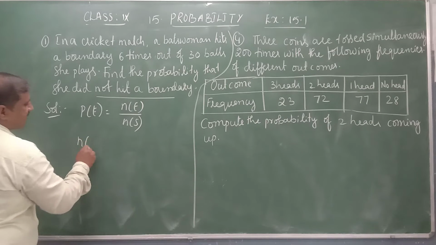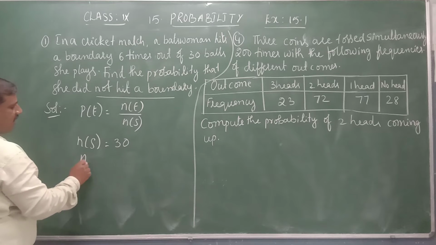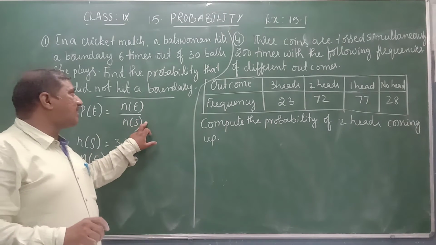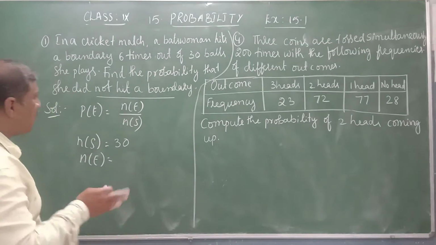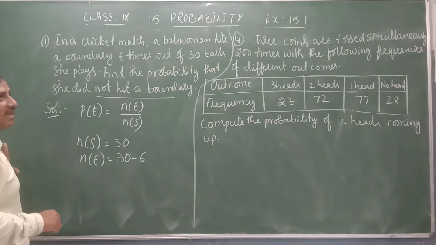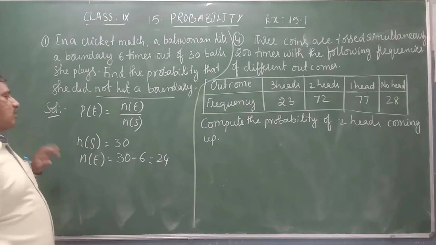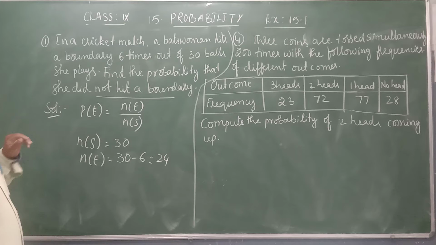Here N of S, the total number of possible outcomes, is 30 balls. N of E is the number of favorable outcomes of the event. What is the event? Not hitting a boundary. Total balls 30, in that 6 times she hit a boundary. Then 30 minus 6 is 24. So 24 will represent the number of favorable outcomes of that event.